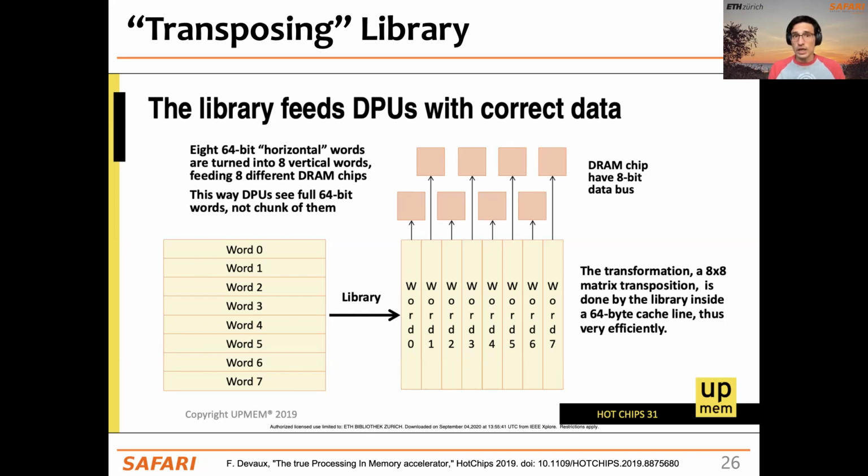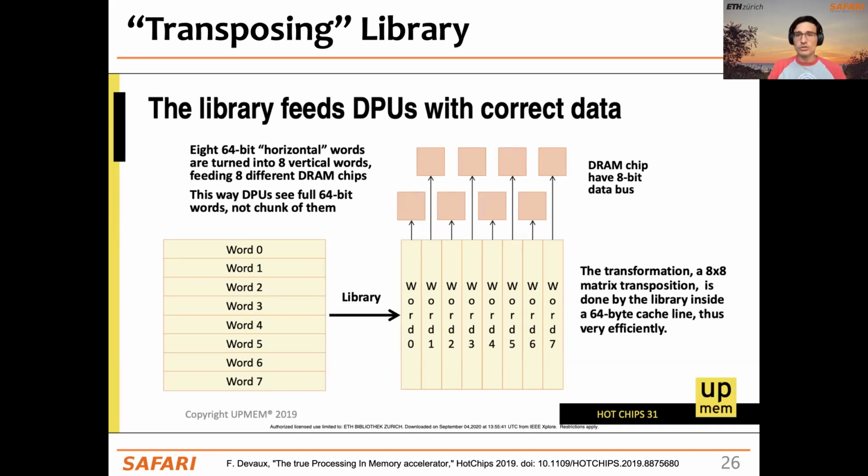This horizontal layout is normally useful in conventional DRAM because it allows us to maximize the bandwidth when we access the DRAM rank. However, in the UPMEM system, DPUs need to have access to entire 64-bit words. So we have to perform this transposition in each cache line before writing it to the DPU's MRAM, or when reading data from the MRAM and moving it to the CPU side.